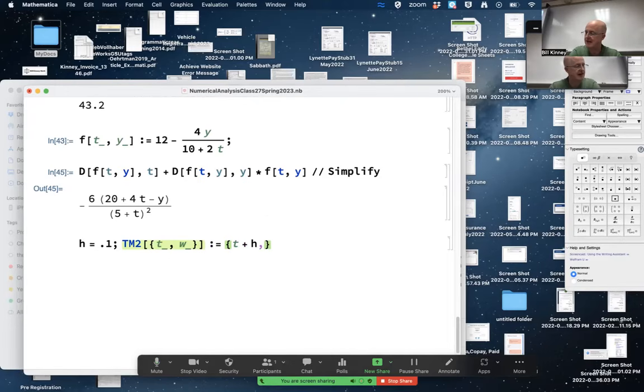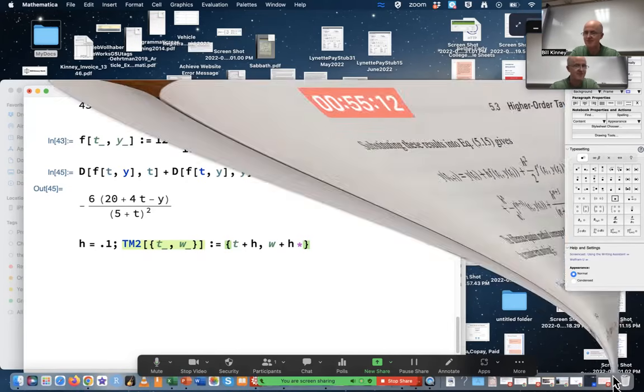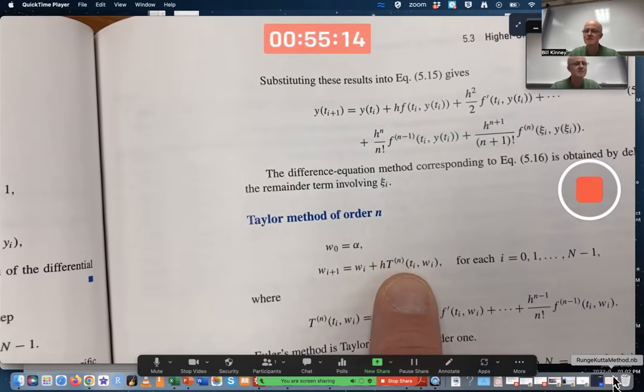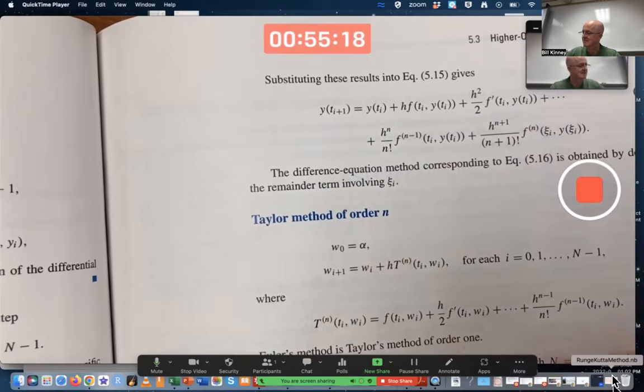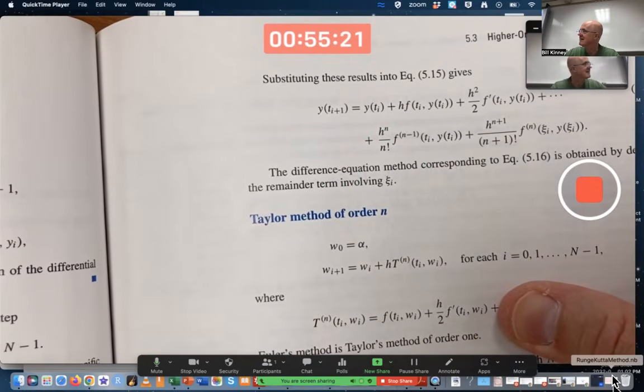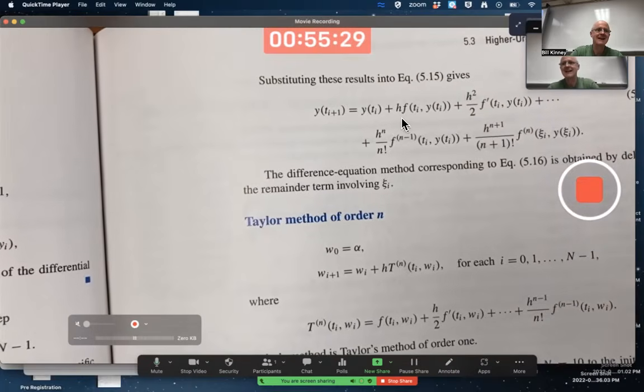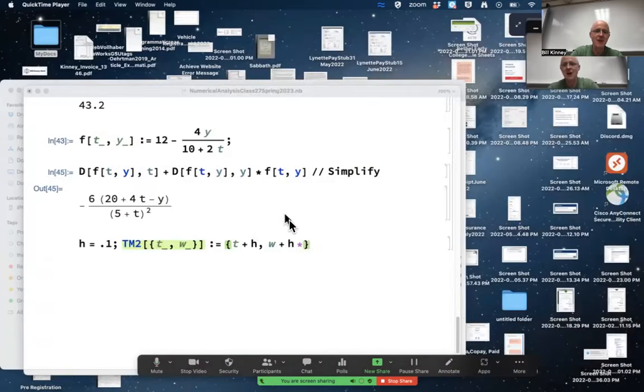W gets updated by taking the previous value and adding h times, in the book, the T2 expression, where that is that thing right there. So can you remember that? F plus h over 2 times f prime.